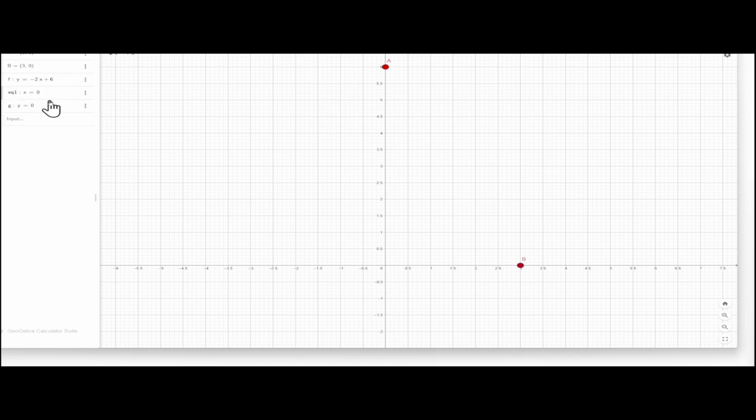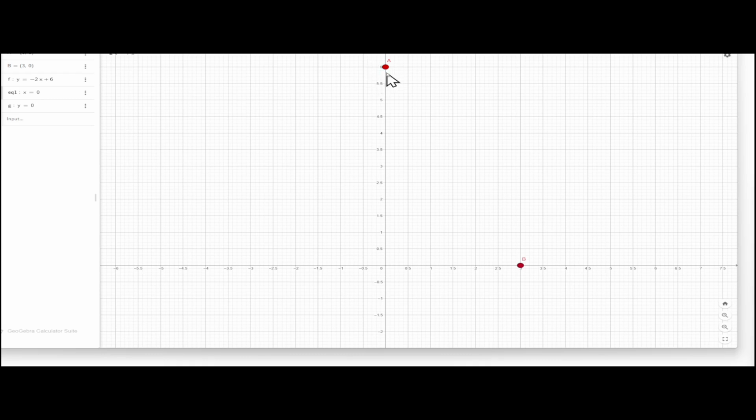So what would be the equation of the line that goes through both of those points? That is that line there. Without cheating, it's right there. How would we find that out? Well, point A here, the x value is 0, but the y value is 6.